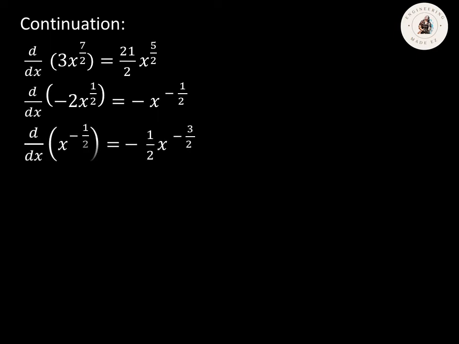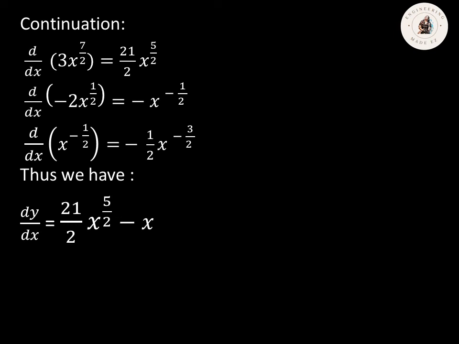Then the derivative of x raised to the power of negative 1/2 with respect to x is equal to negative 1/2 x raised to the power of negative 3/2. Thus, our derivative of y with respect to x is equal to 21/2 x raised to the power of 5/2 minus x raised to the power of negative 1/2 minus 1/2 x raised to the power of negative 3/2.